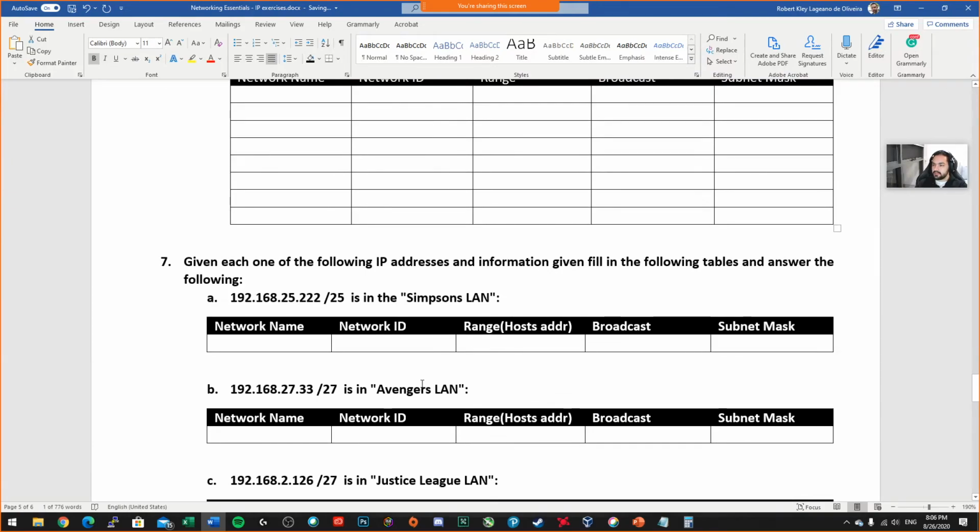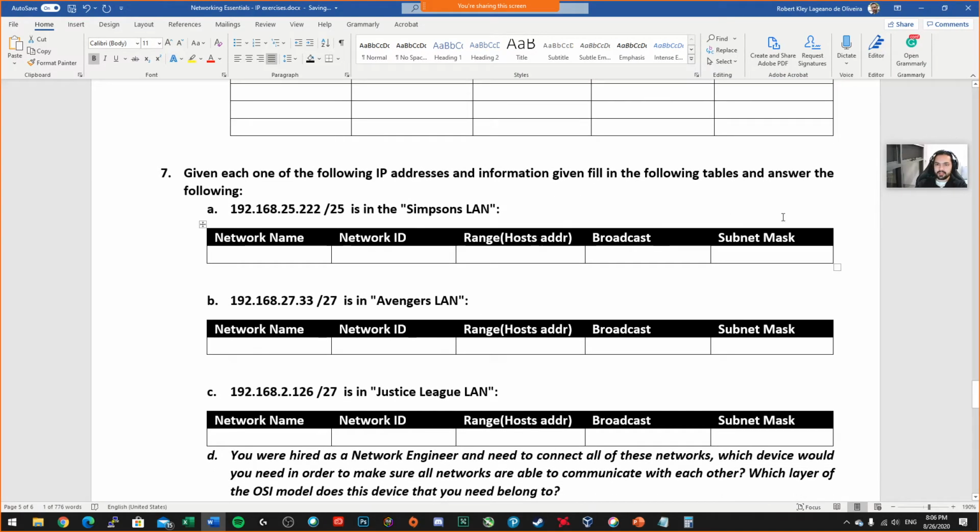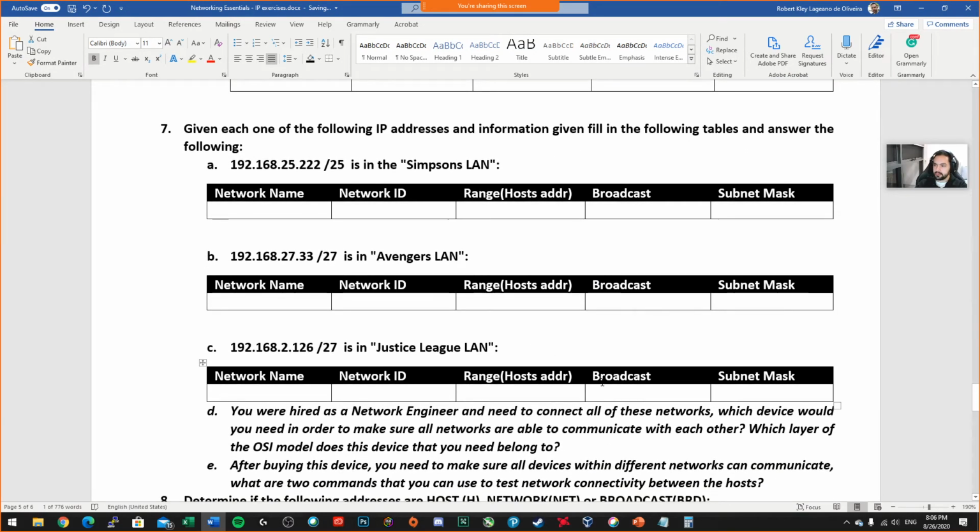Awesome. So finish this one. Let's keep going. Choose one of these for me to do. B. Okay, perfect. Given each one of the following addresses and information given, fill the following table and answer the question. Is this a standard subnet mask? No, it's not.